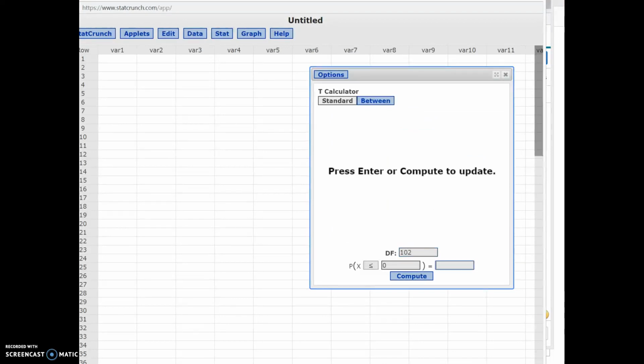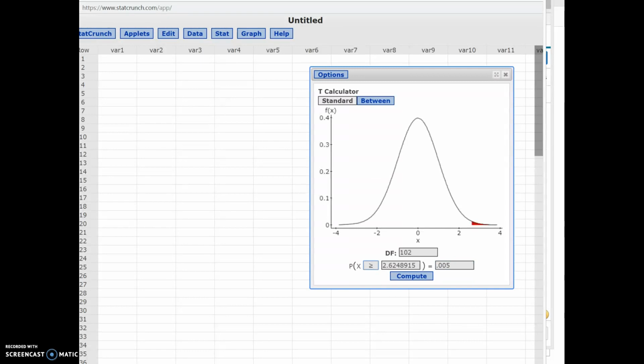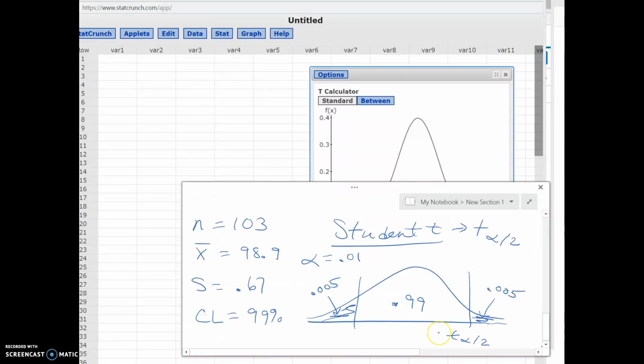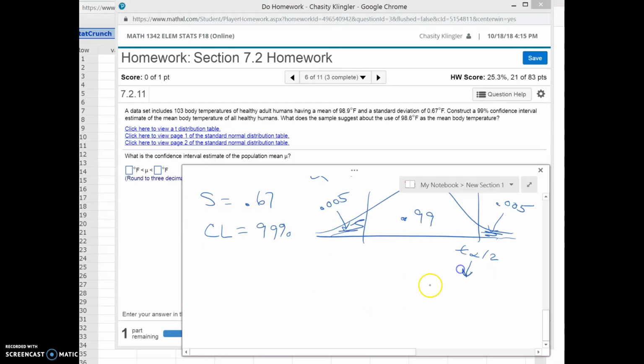I'm going to change this to 0.005 and change my inequality to greater than or equal to. So my T alpha that I need to use is going to be 2.62. So that's the number for T alpha divided by 2 that I'm going to have to use in my formula.